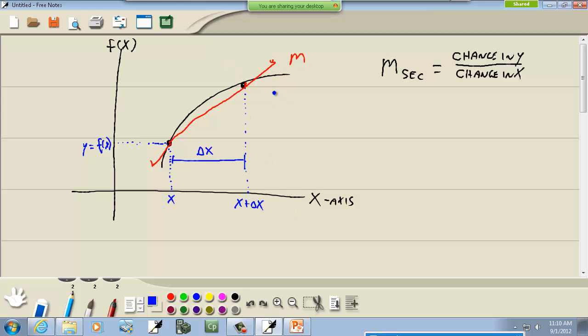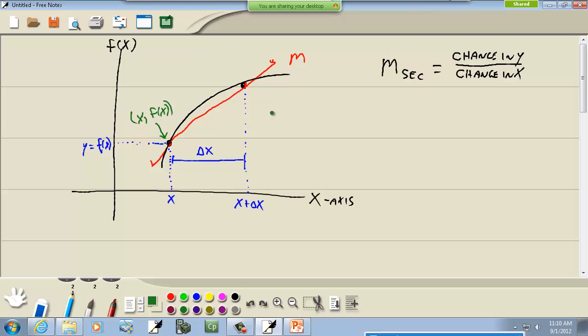So this point here, let me choose a different color. This point right here is our x and our y. Or, actually, I don't have room to do all that. Let's try it again. Okay. It's our x and our y, but then we said y was f of x.